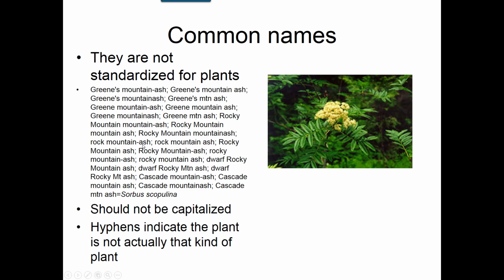So that hyphen indicates that this plant is actually not even an ash. And so that's another really confusing thing about common names. The ash plants are in the genus Fraxinus, so it's a plant that has compound leaves like this mountain ash, but the fact that we're using the term ash at all in the common name is pretty confusing. So, these common names have their place, but they can be a little bit tricky.